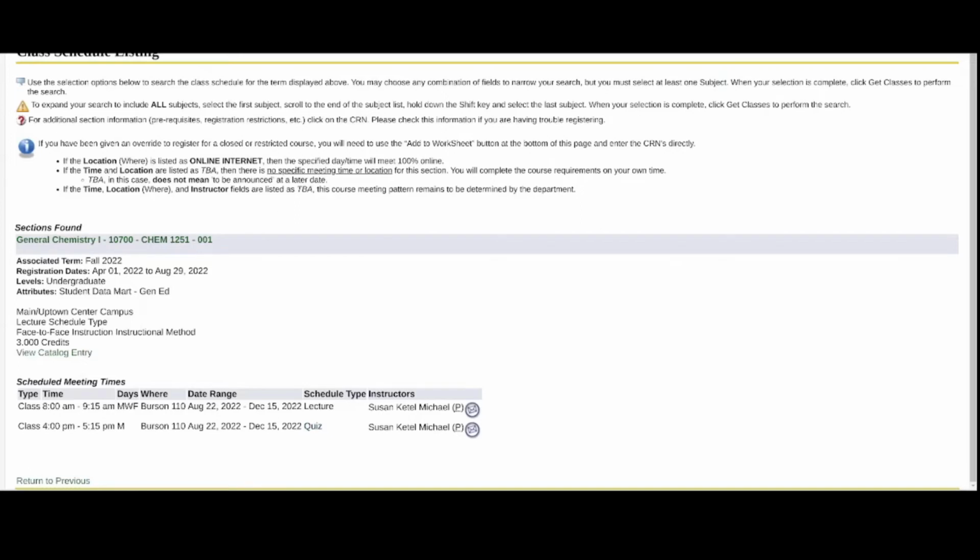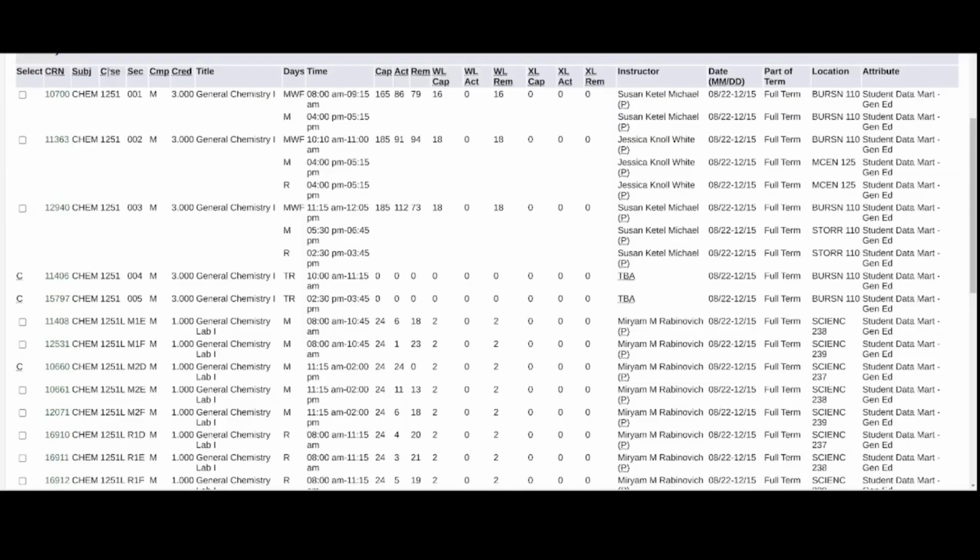And all of this is fitting into the 3 credits for Chem 1251. If we also want to get the lab credit, then we'll have to enroll in the general chemistry Chem 1251, one of these sections. And then we'll also have to enroll in one of the 1251L sections, which is 1251 lab. And those are only 1 credit, and they meet once per week.